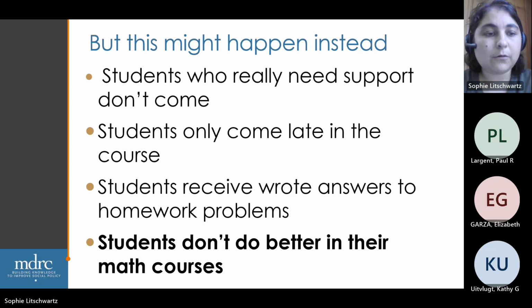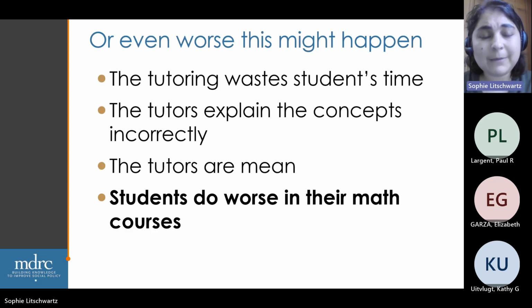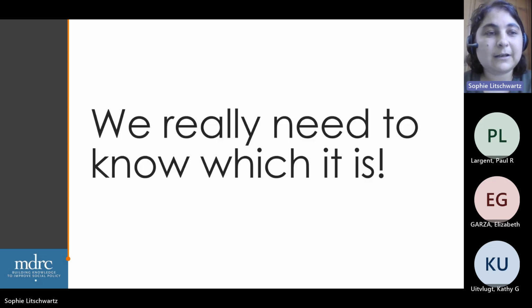Or I might have this happen, which is the tutoring wastes a lot of the students' time that could be better spent doing other things. The tutors explain the concepts incorrectly. The tutors are mean, and the students get more insecure about their math skills. And so then the students do worse in their math courses.